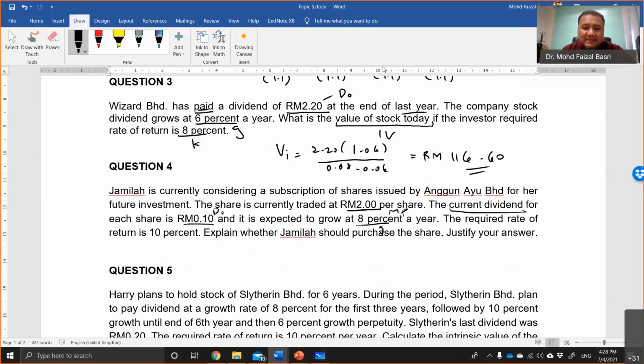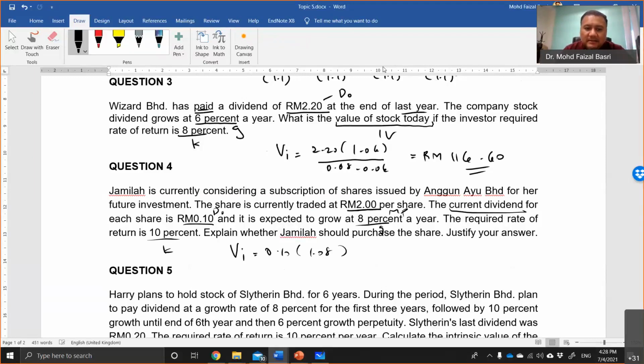And K is 10%. So similar to before, to find your intrinsic value, the dividend is 10 cents, but you have to multiply with the growth rate, 1.08.